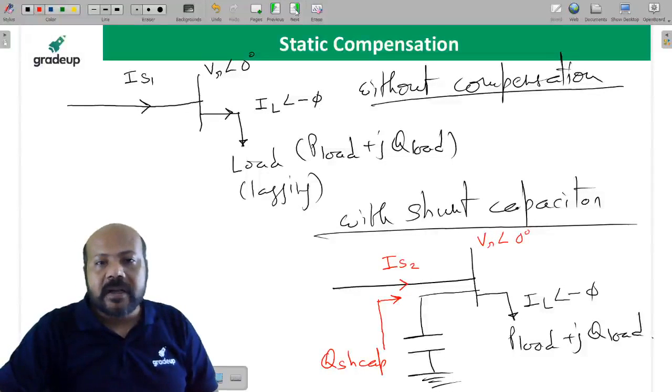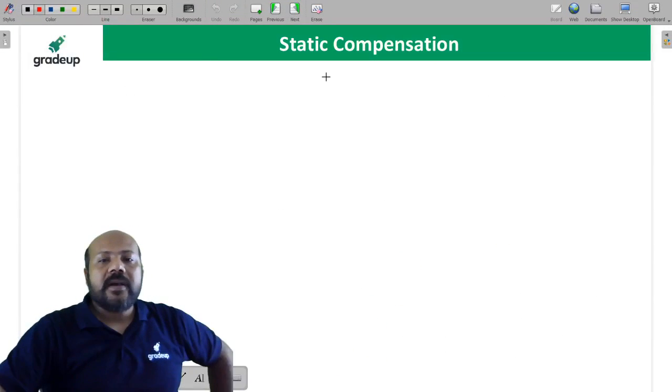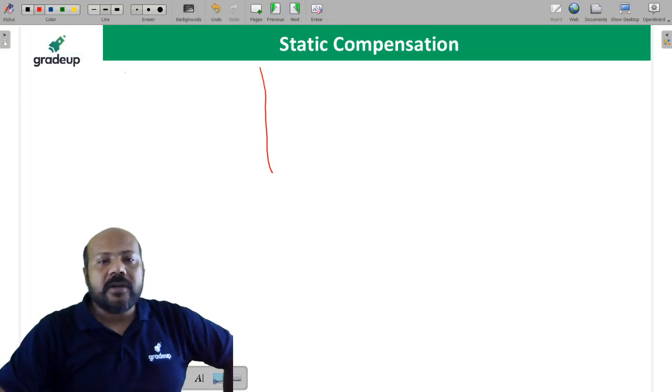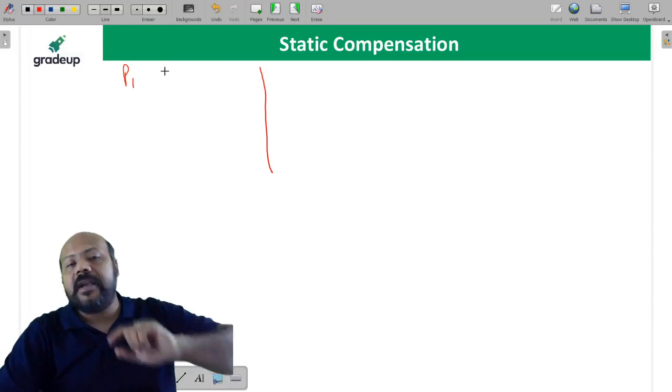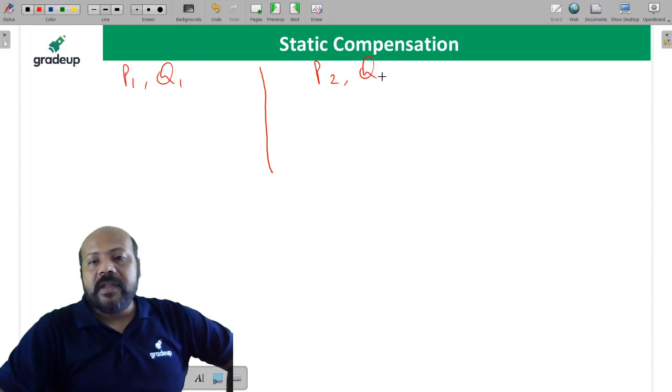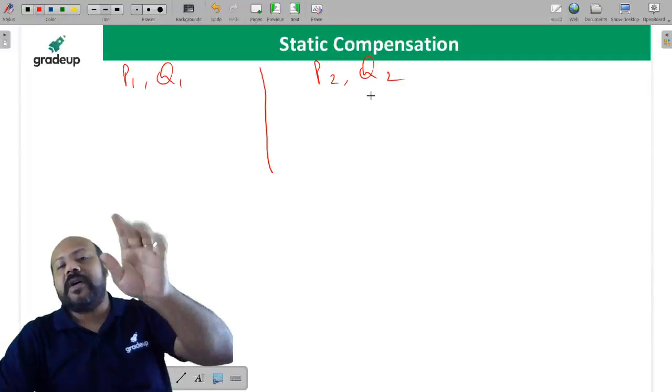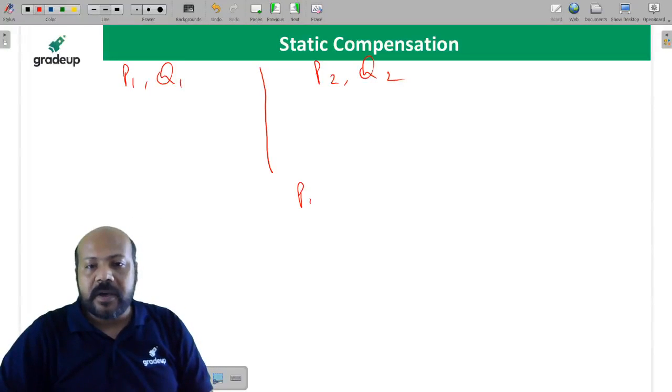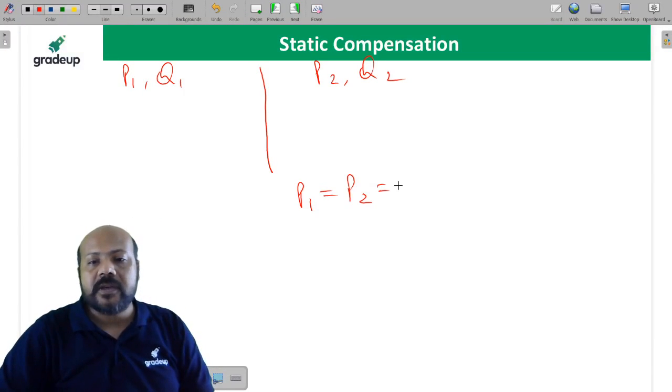Now I'm going to ask you one thing. Suppose without compensation, from the sending end you were sending P1 and Q1, and with compensation you are sending P2 and Q2. The first thing is P1 is equal to P2 is equal to P load. What is the reason?